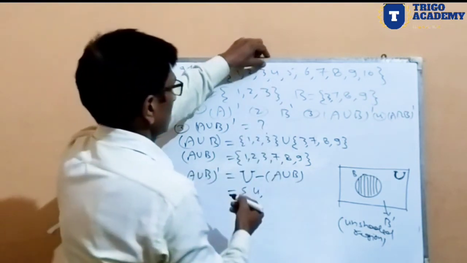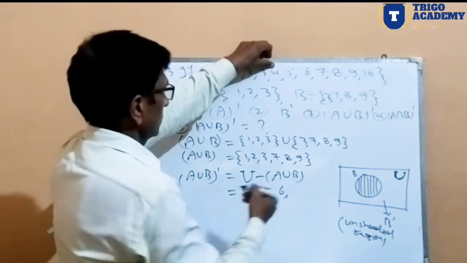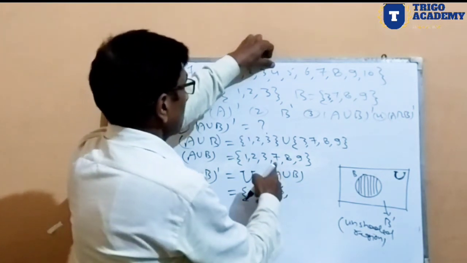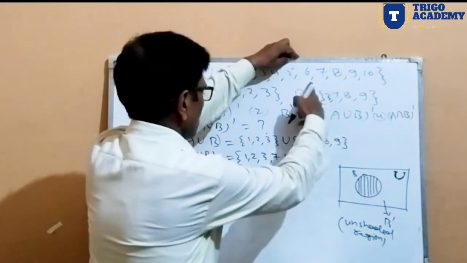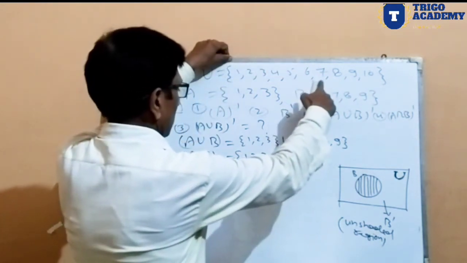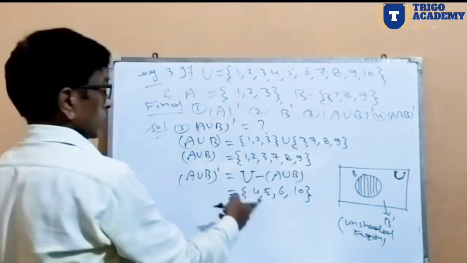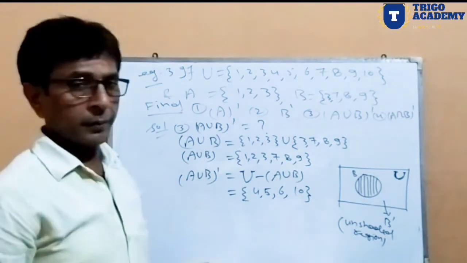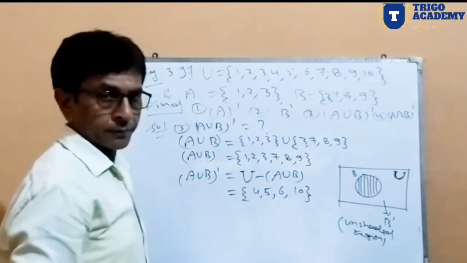After that 4, 5, 6 are present here. 7, 8 and 9 also we leave, so we leave here 7, 8, 9, and the left element is 10. So this value will represent (A union B)'.